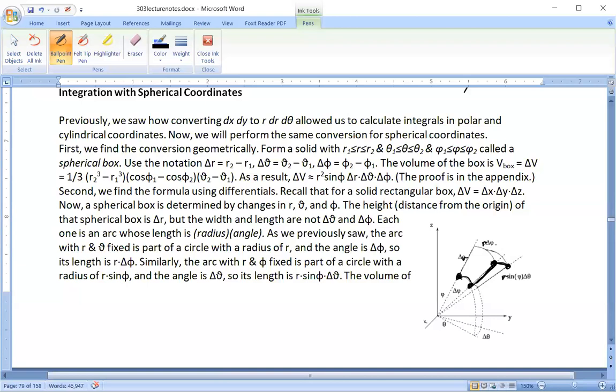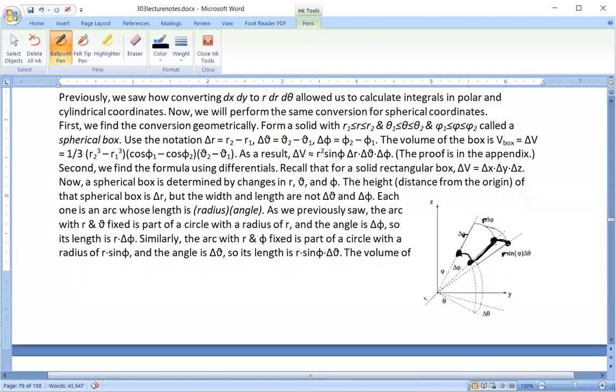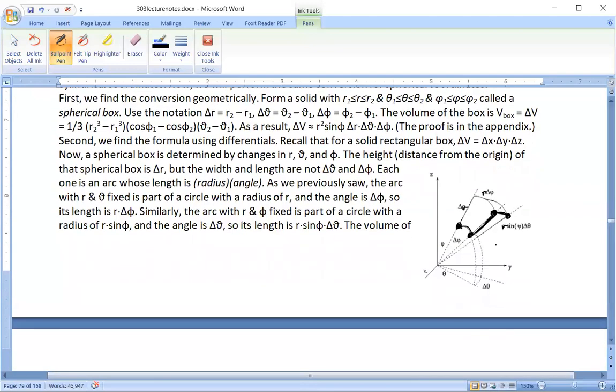Remember that with phi fixed and theta varying, that's going to make a circle with radius r sine phi. So since that's the radius and the angle is delta theta, the length of that arc piece is r sine phi times delta theta.